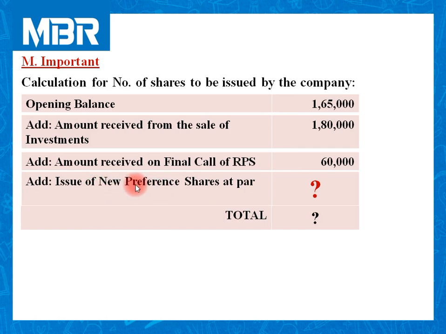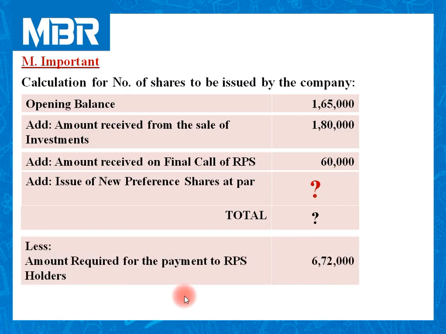Consider new equity shares, not the preference. Clear? So issue of new equity shares. Preference is written by typographical mistake. Total, that we don't know. Amount received through new issue, that we don't know.